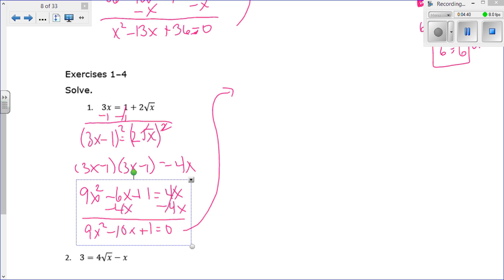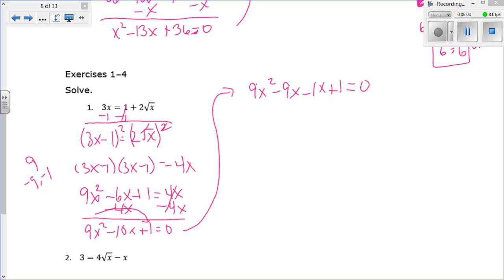Alright, so I need to factor. And 9 times 1 is 9. My factors of 9 that add up to negative 10 are negative 9 and negative 1. So I'm going to factor this by grouping. 9x squared minus 9x minus 1x plus 1 equals 0.